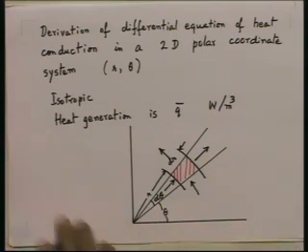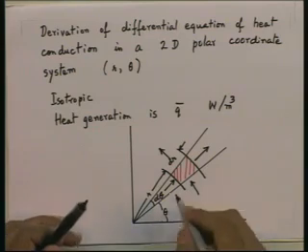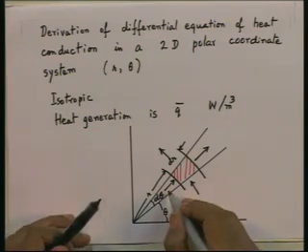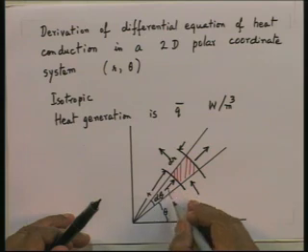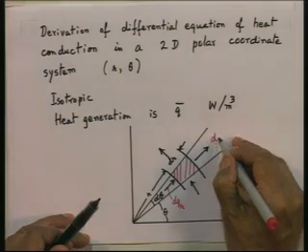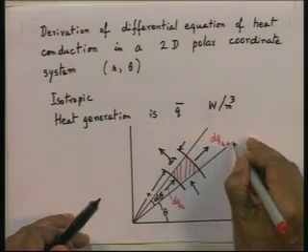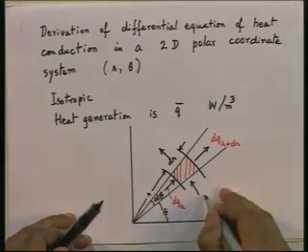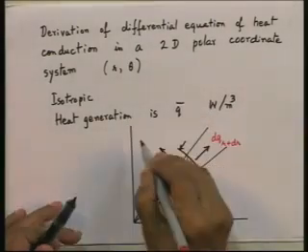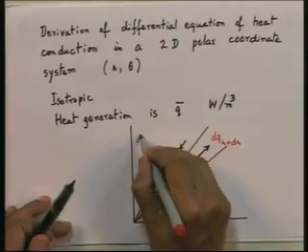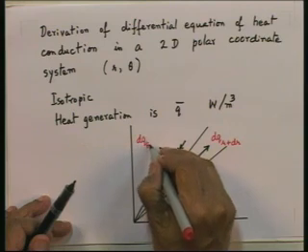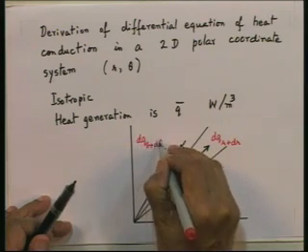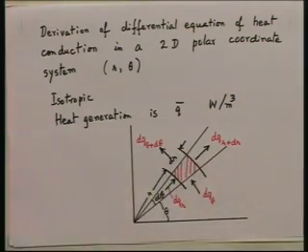So, we will call these quantities, let me just indicate them. The first one call as dqr, then dqr plus dr, then here I will call this as dq theta, and the last one here I will call as dq theta plus d theta.